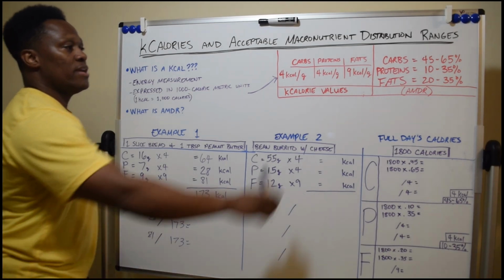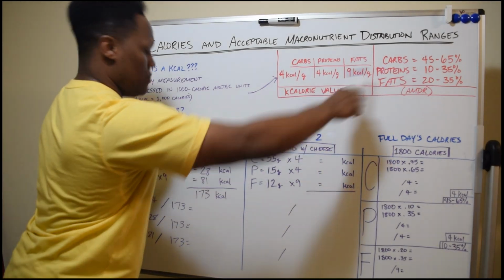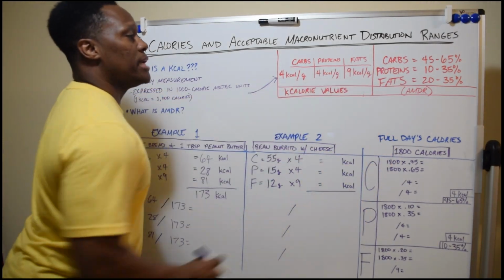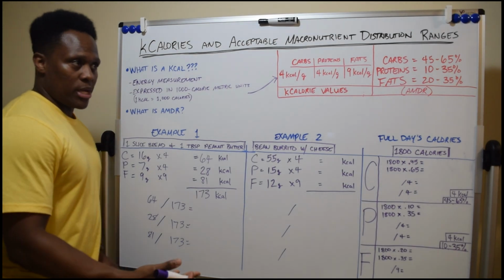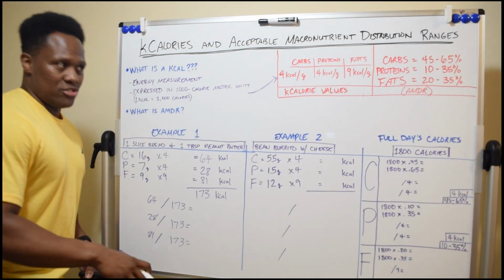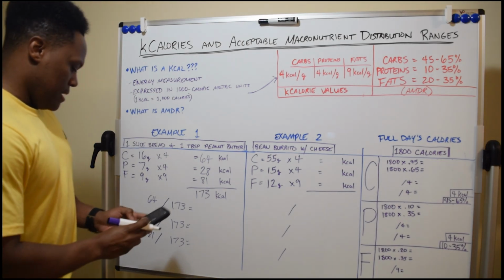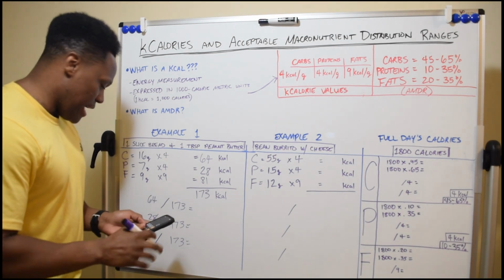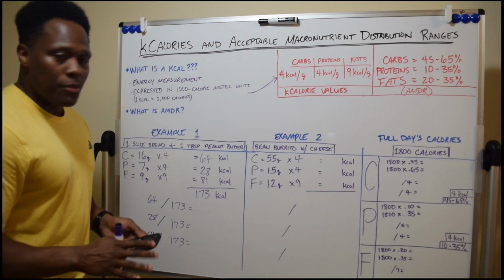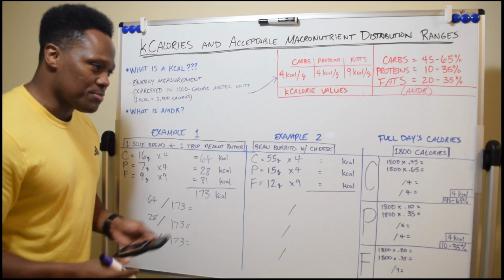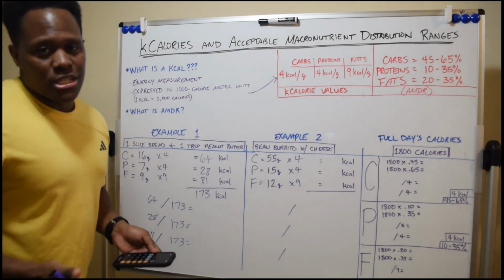Each macronutrient will give you your AMDRs, and once you've gotten the answers, you can look back up here and tell whether or not you're doing okay or whether you're not doing so hot, or what the case may be. We'll go into it. But for right now, don't mind me, I got my calculator out because I'm okay with mental math, but when it comes to division, especially with bigger numbers, it is what it is.